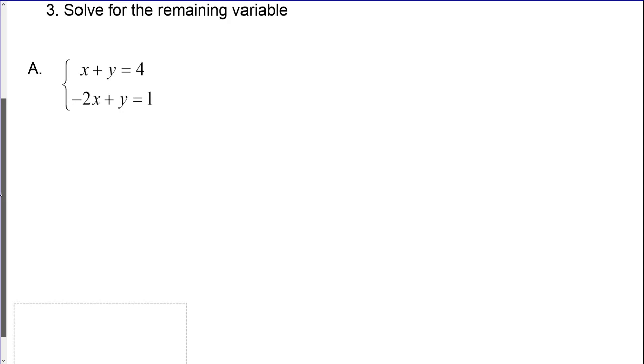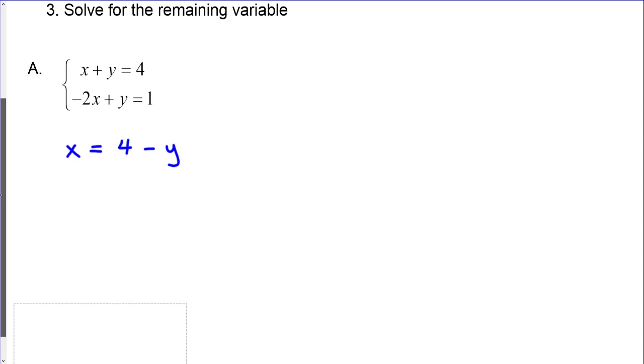I'm going to choose to take the first equation and solve it for x. So x equals 4 minus y. I could have as easily solved the first equation for y, or even the second equation for y. I probably would have steered against solving the second equation for x because dividing both sides by -2 would result in fractions in my problem.